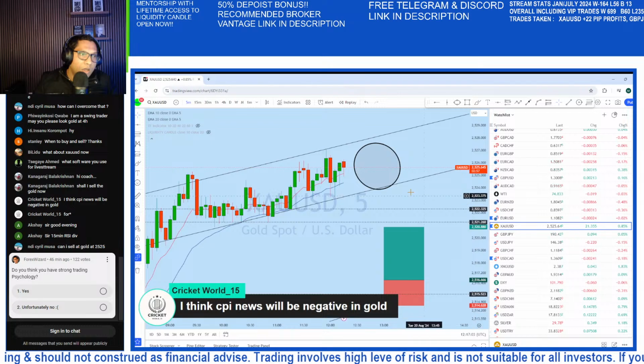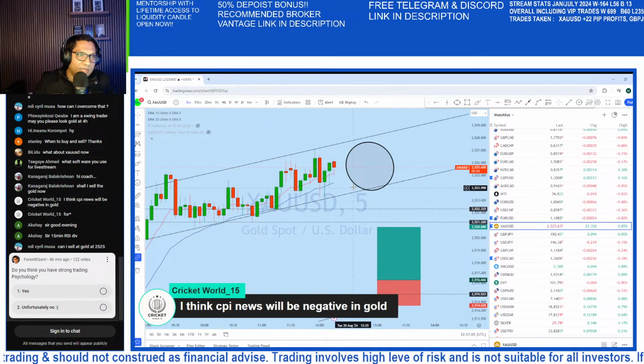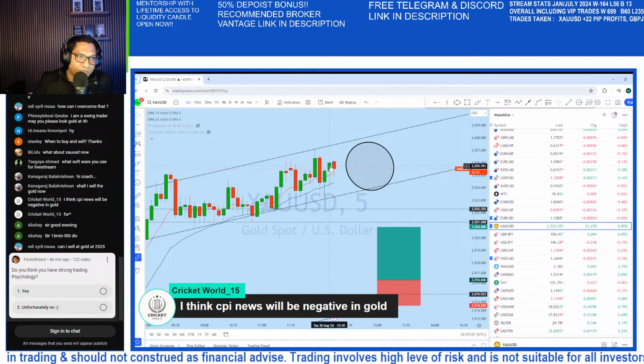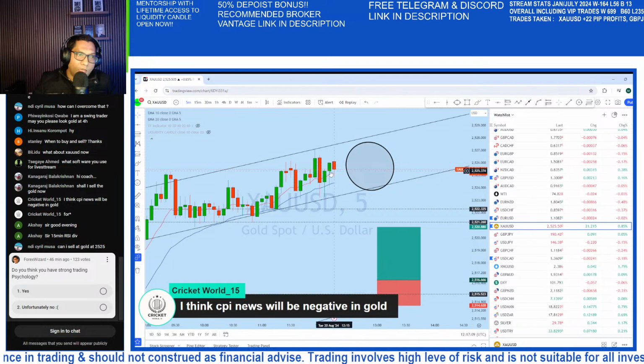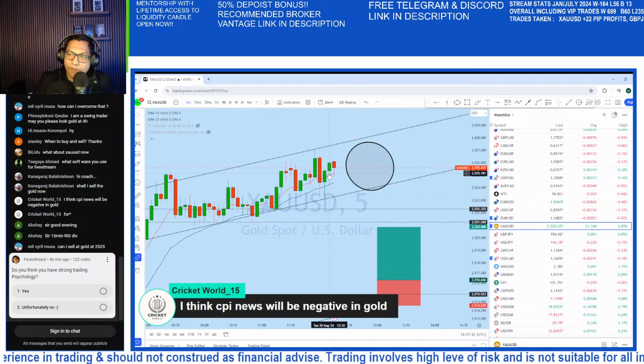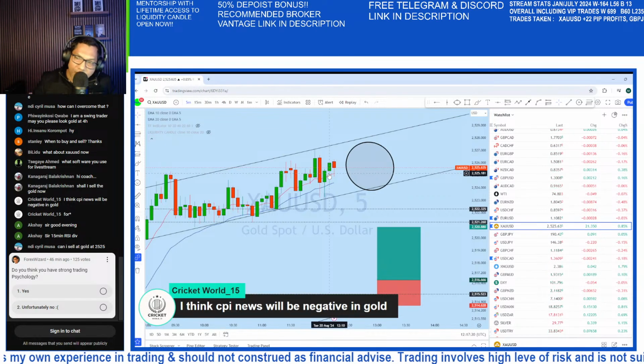Because how is this candle being formed? When the buyers are buying, a bullish candle is formed. When the sellers are selling, a bearish candle is formed. And relating to that, there are many kinds of candles being formed, and why are they forming?